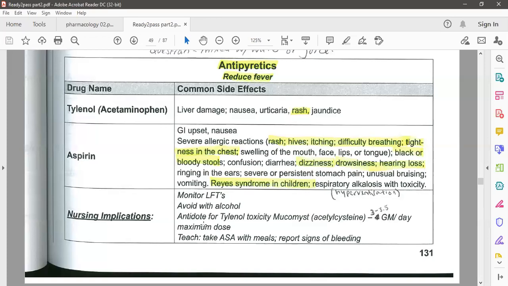What are the key points or nursing interventions? Monitor the liver function, avoid alcohol, and teach, educate your patient to take the aspirin with food, and report any sign of bleeding, right?